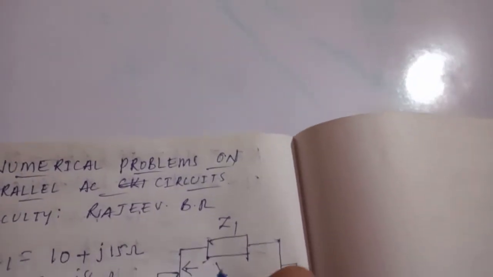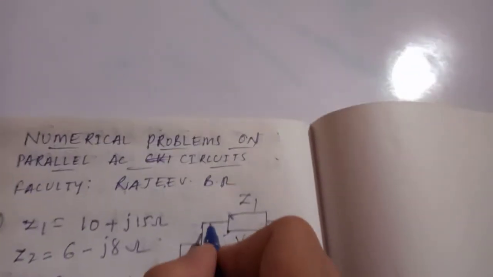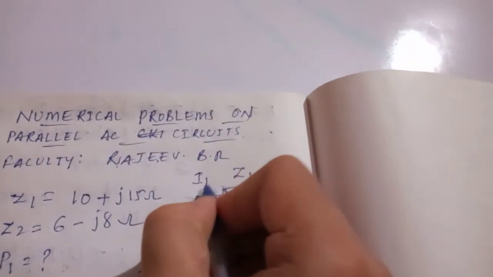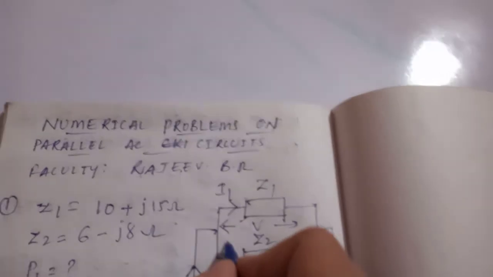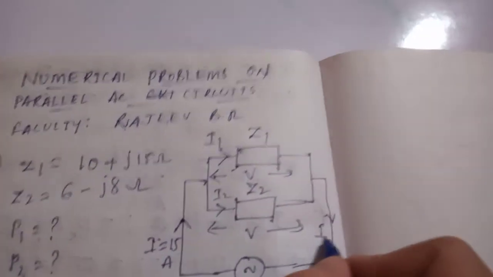That is also V only. Why? Because it is connected to parallel circuits. When it is connected to a parallel circuit, only the current will divide into I1 and I2, and the same current I will come back here. So this is the total circuit.